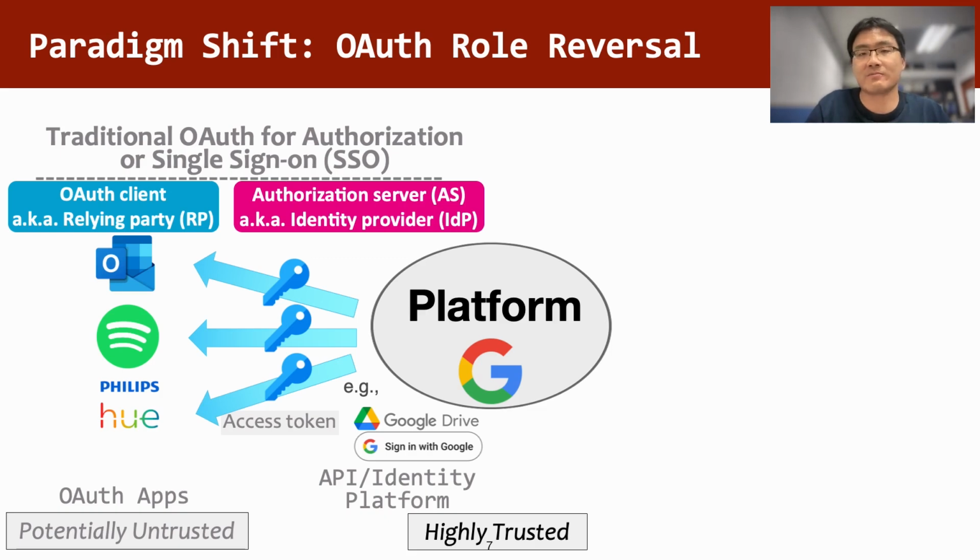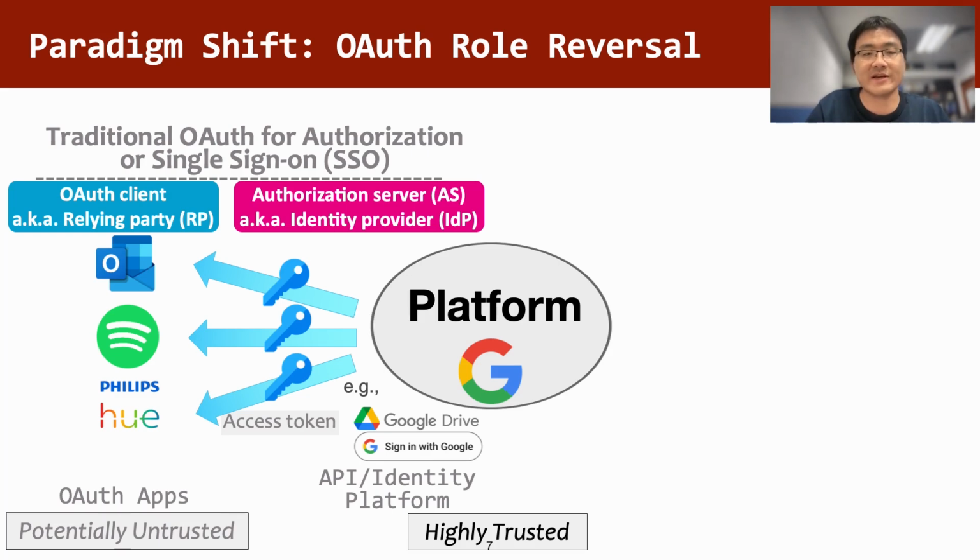When the OAuth protocol was originally invented, it focused on the use case where big name providers offer resources to third parties. So usually there is an API or identity platform operated by vendors like Google, which acts as a provider. Either it will provide resources such as Google Drive access, functioning as an authorization server, or it's the IDP, the identity provider, that offers authentication for single sign-on.